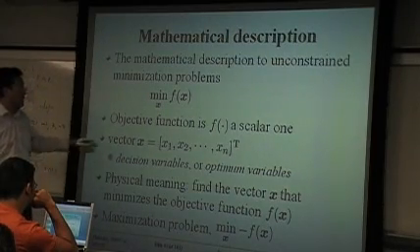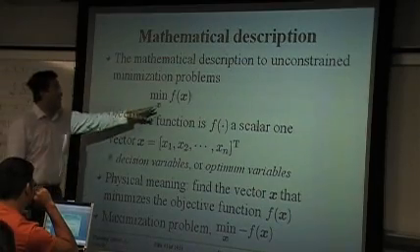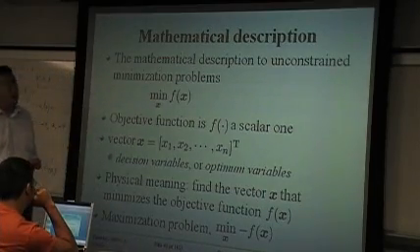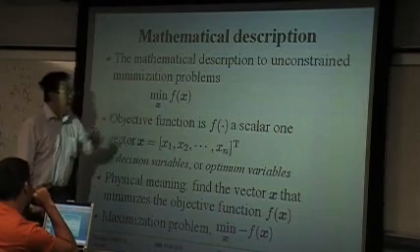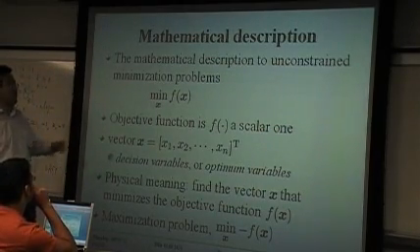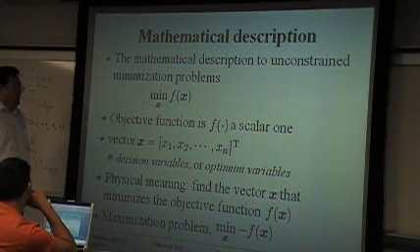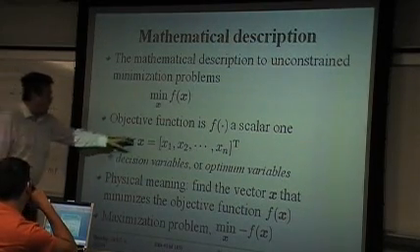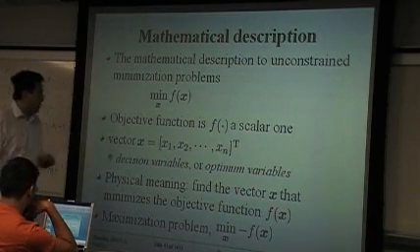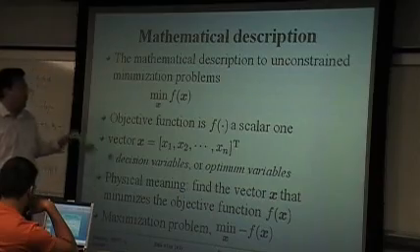Here x is a vector containing n numbers and f is a scalar. If f is not a scalar, we call it multi-objective optimization. We shall not discuss it here. And x here is also named decision variables or optimization variables.